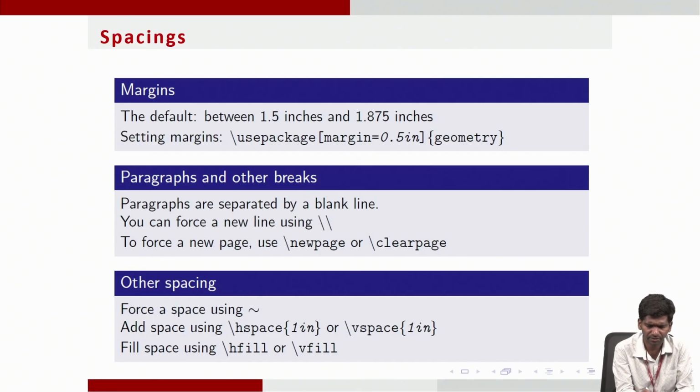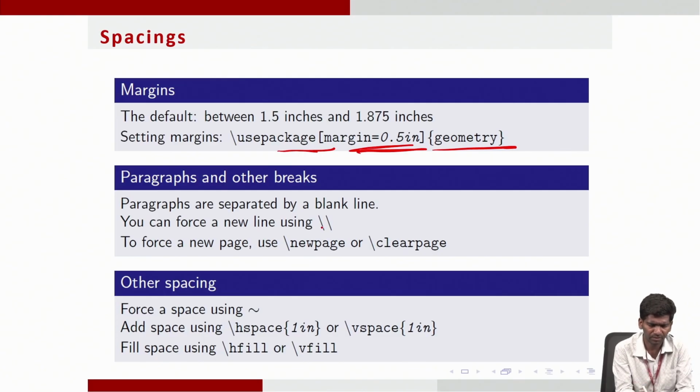Next, margins. If you want your margins to be increased or decreased, in that case we can use the package geometry, and you can mention the size of your margins, like 0.5 inches. In that way you can change the margins. These packages are mentioned in the header part of the code.